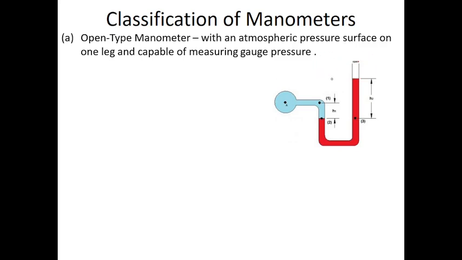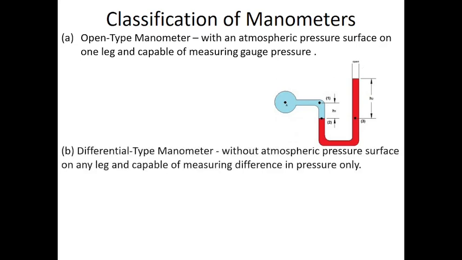Since it is open, air molecules are free to occupy the space here, and with the presence of air molecules, there will be atmospheric pressure acting at this surface, wherein such atmospheric pressure is considered a gauge pressure of zero.